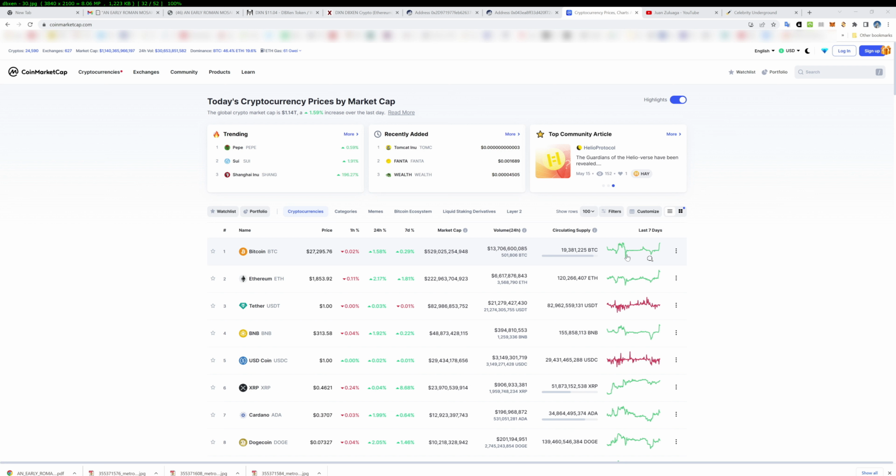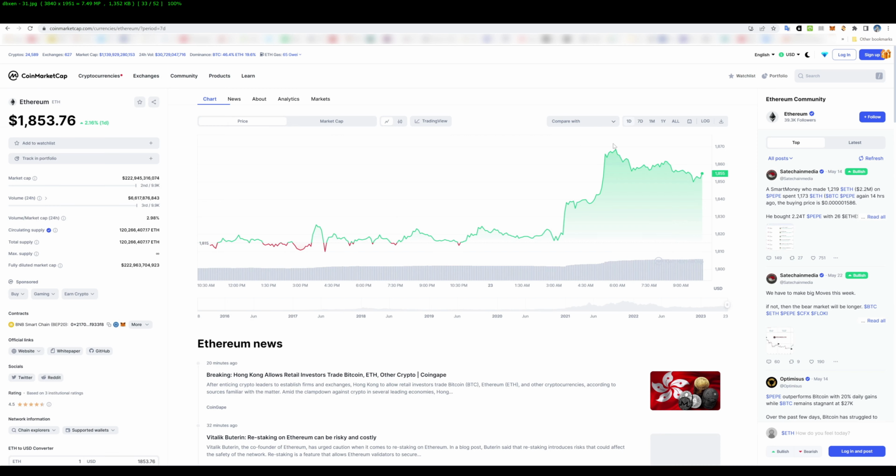If you check the graphs on the right side, there are huge spikes. Ether went from 1800 to 1805, about 5% up. I don't know how much that is. It says 2.16 here on a daily basis.